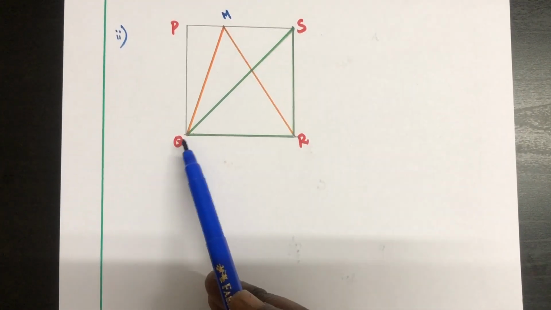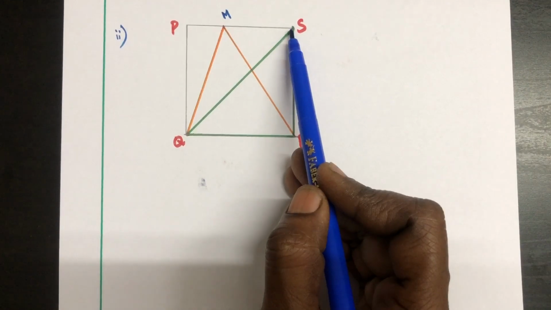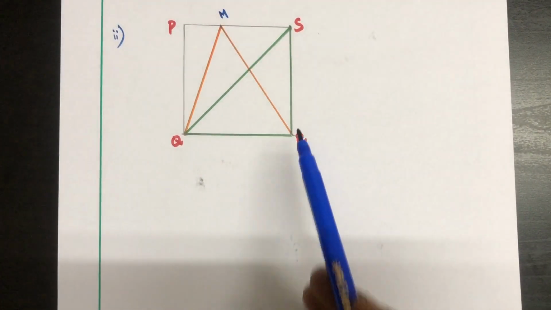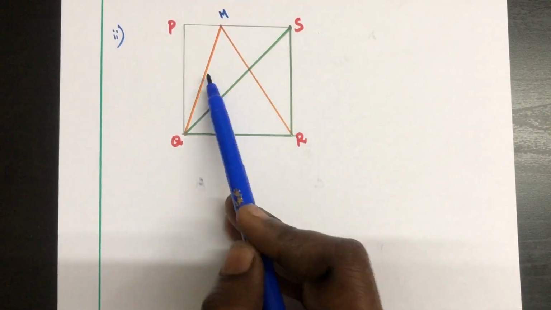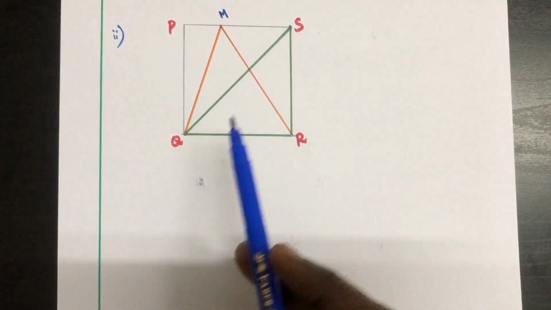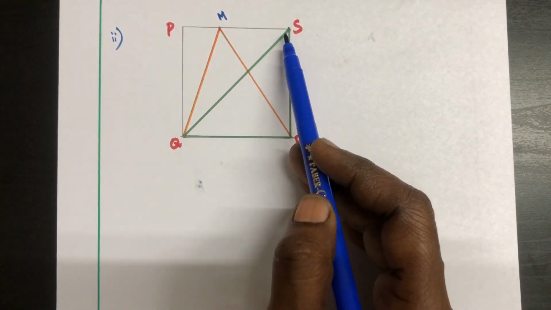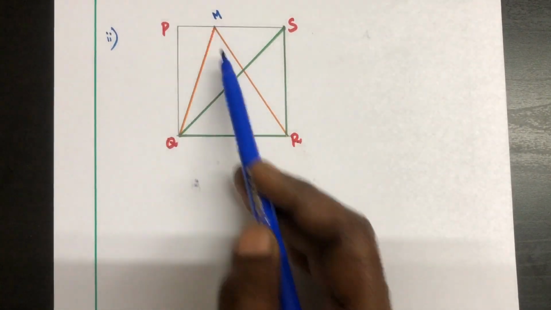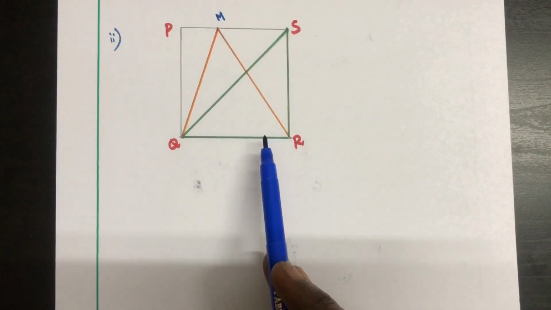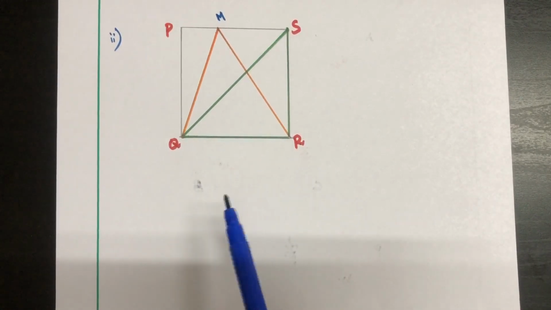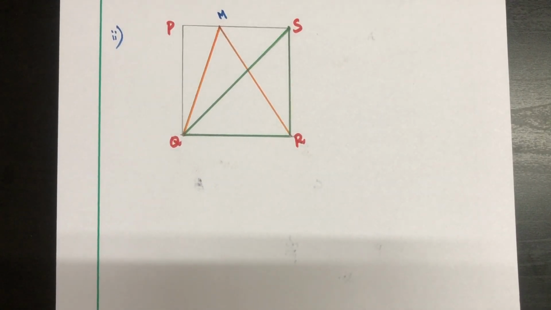QRS is one triangle and QMR is another triangle. We are going to prove that these two triangles are not congruent. It's very easy.